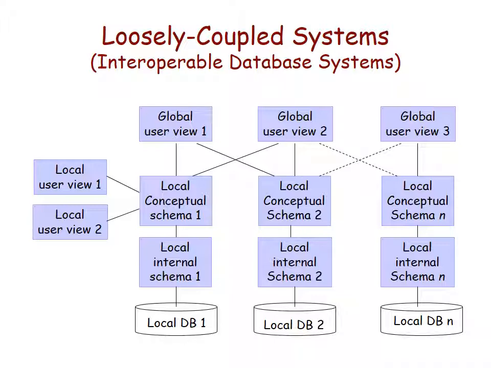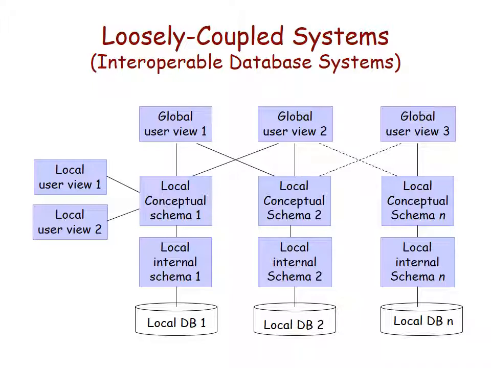This diagram illustrates the architecture of a loosely coupled multi-database system. It looks similar to the tightly coupled system with the following difference. There is no global conceptual schema in this architecture.